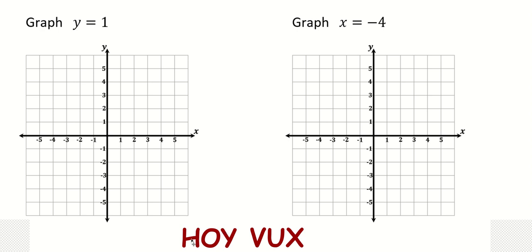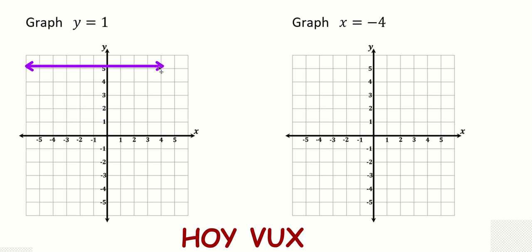Okay? So the H stands for horizontal, the V stands for vertical, and the Y represents that the equation only has a y variable. So every time there's only a y, H-O-Y, it's going to be horizontal.